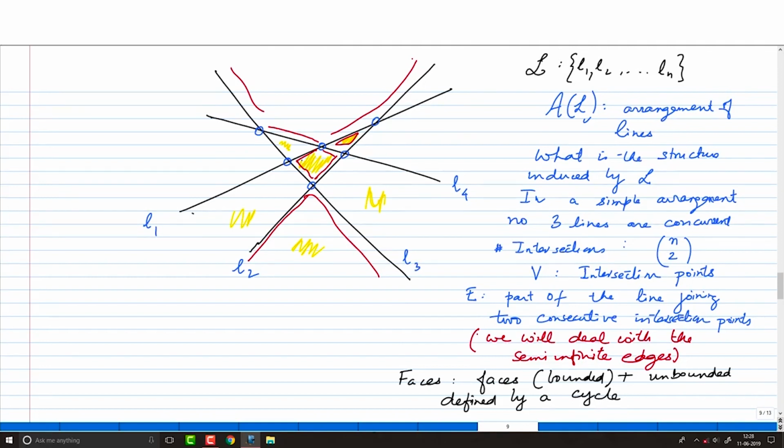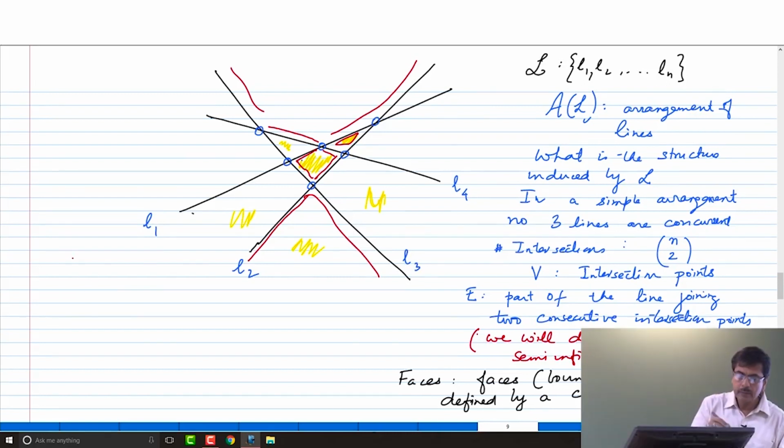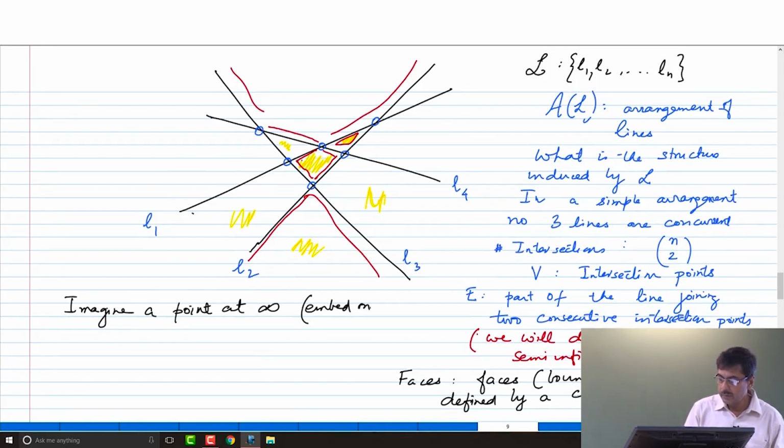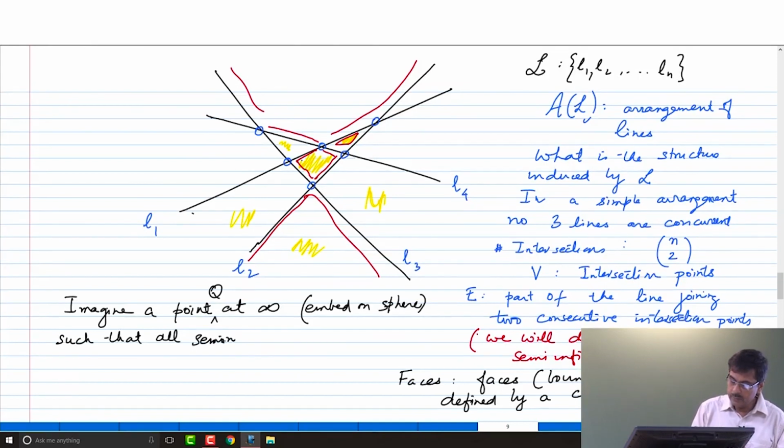So, imagine a point at infinity, or let us say embed on a sphere, let us say some special point, capital, no, let us not use capital P, let us say some capital Q, such that all semi-infinite edges converge in Q, then that implies all faces are also bounded.